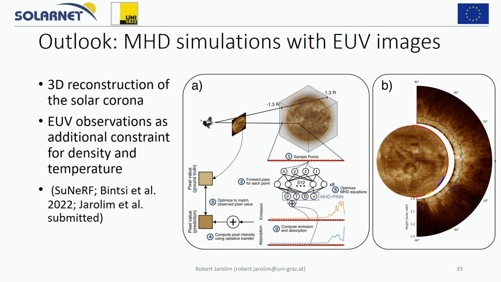So that's planned. Let's see how it turns out, but it would be an interesting way of further constraining density and temperature in the simulation volume within this framework of MHD simulations. This would be the long-term goal, more or less.